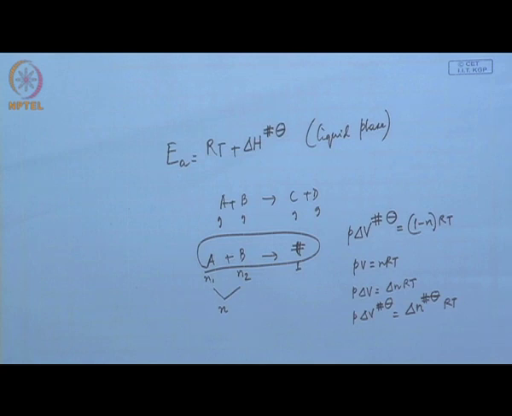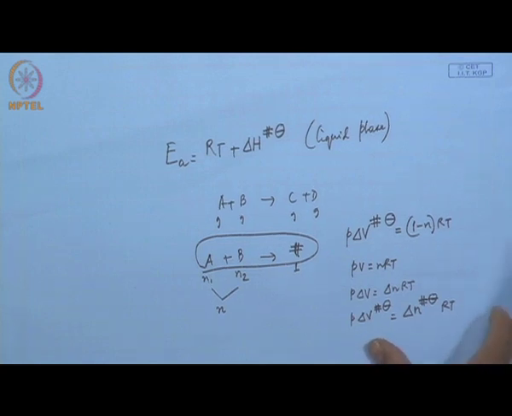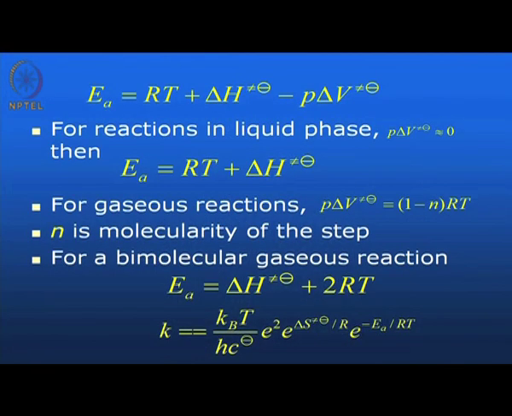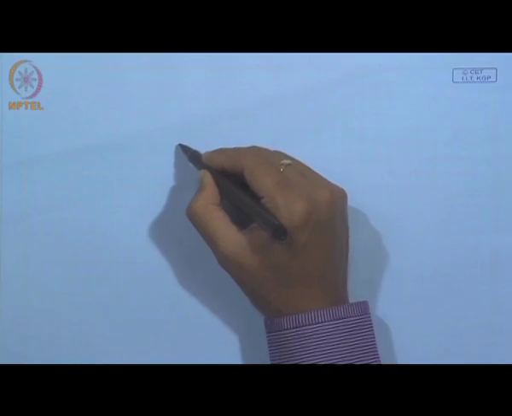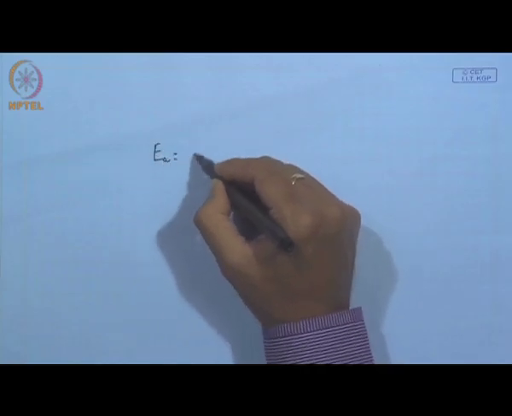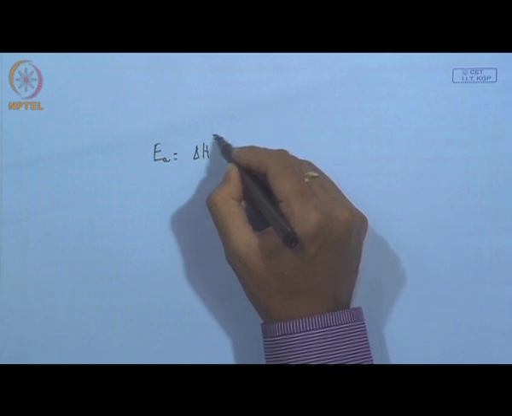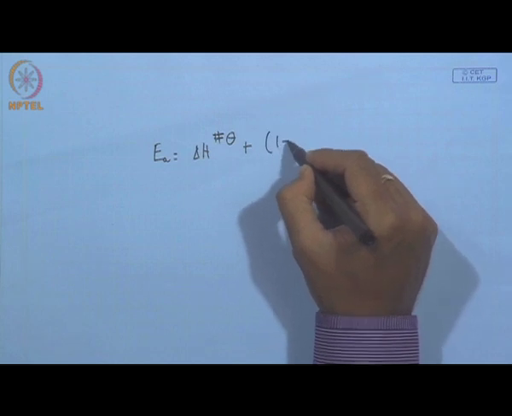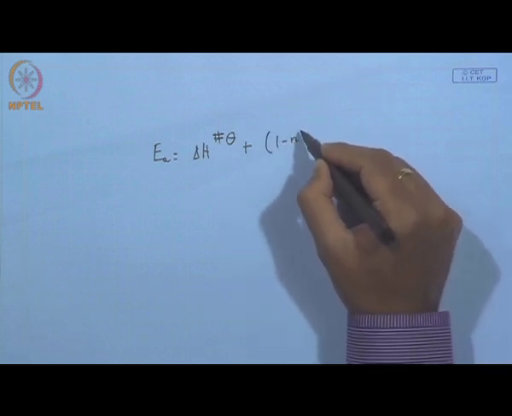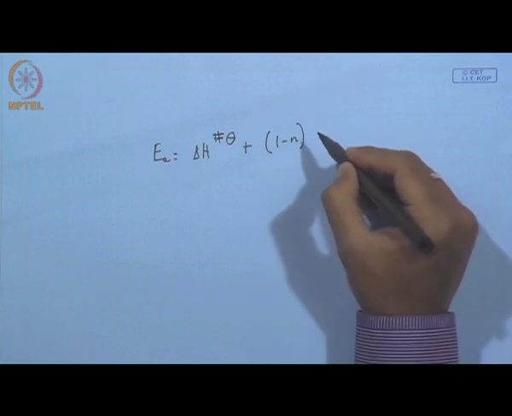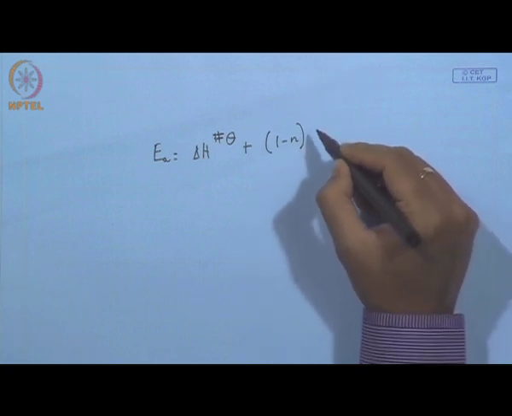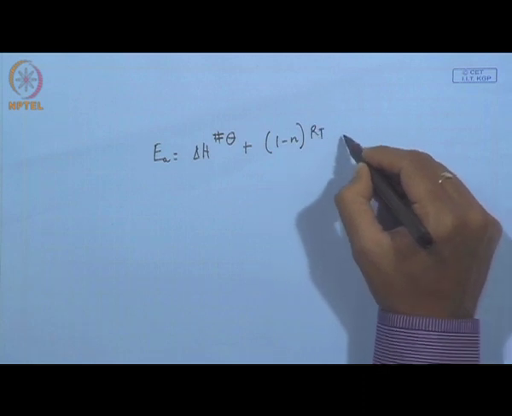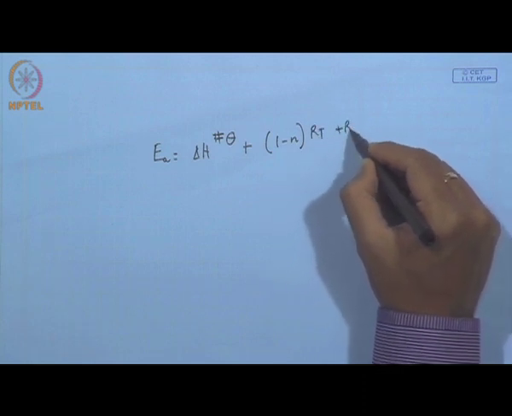Okay. Therefore, if it is the case of a bimolecular gas phase reaction, then you can write E_A is equal to ΔH‡ standard plus (1 minus n) RT, and there is another RT term, plus RT.